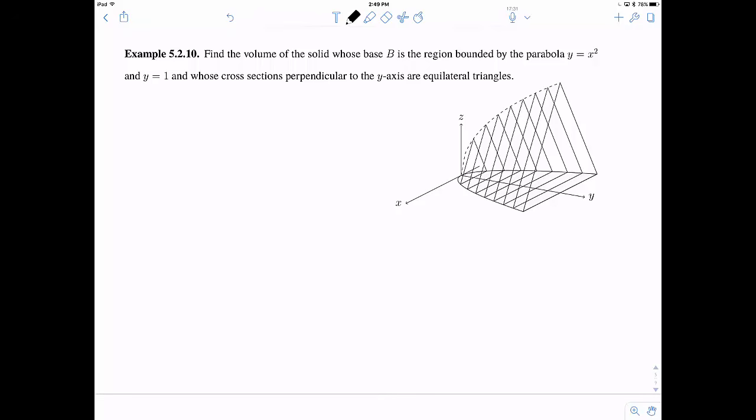So this is going to be this parabola looking thing. And cross sections perpendicular to the y-axis are equilateral triangles. So again, thank goodness they gave me a picture here. Let me sketch out my base region B, y equals x squared and y equals 1. This is what I'm going to be integrating over.